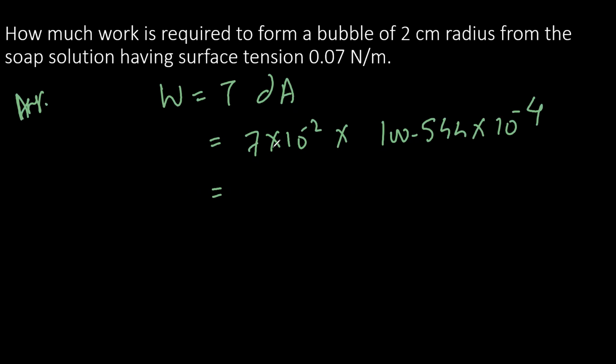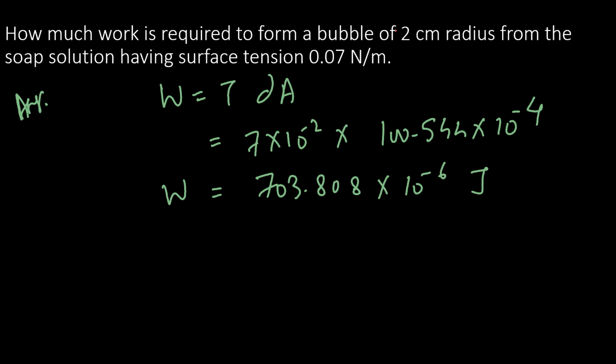Now if you do the multiplication, the answer कितना है: 703.808 into 10 raised to minus 6. So this is in joule. So the answer is 703.808 into 10 raised to minus 6 joule. So this is your final answer.